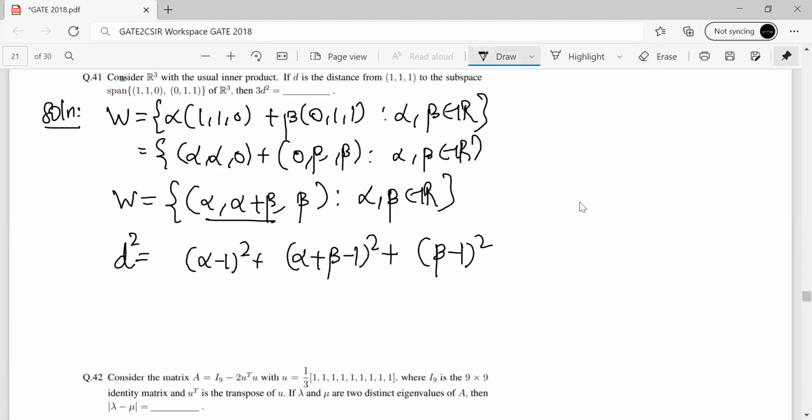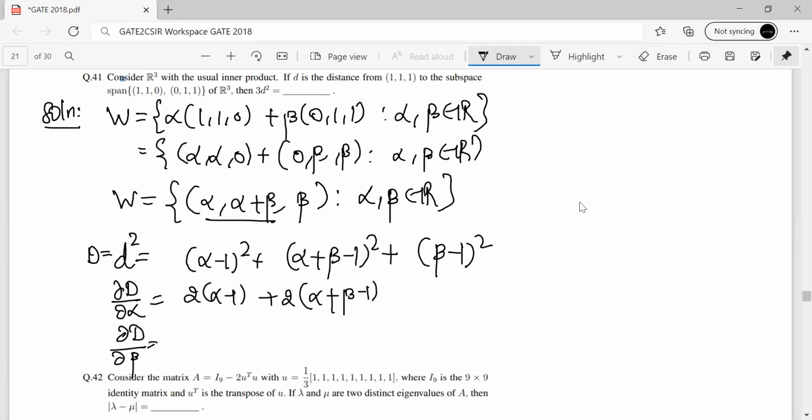So I call this d square to be some capital D, so that I'll differentiate del D with respect to alpha. That gives me 2 times alpha minus 1 plus 2 times alpha plus beta minus 1. Then del D over del beta will give me 2 times alpha plus beta minus 1 plus 2 times beta minus 1.